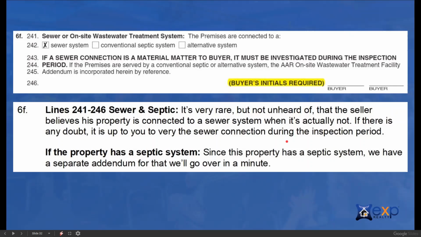Our seller believed they were connected to sewer, but they were not. They were on septic, and that septic tank just never happened to back up during the time that that seller owned it, but it did on my buyer.